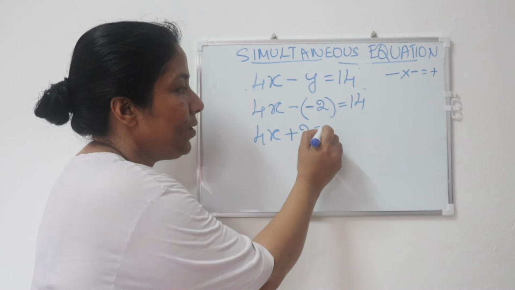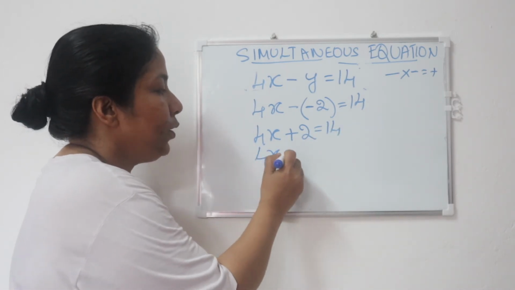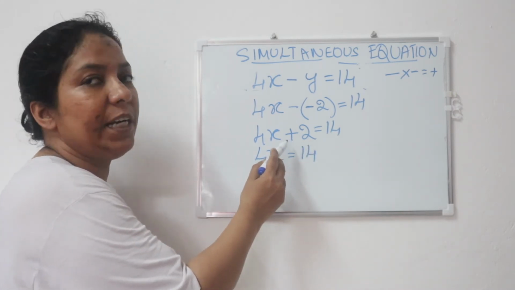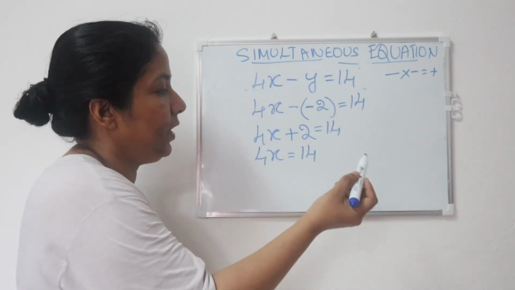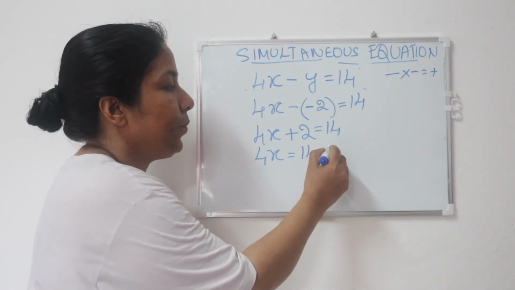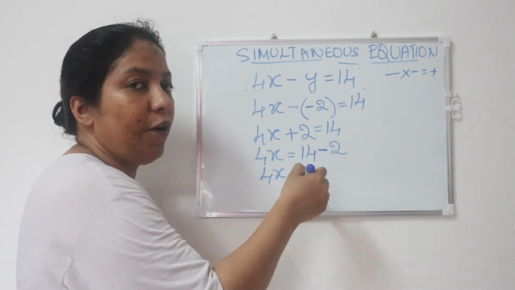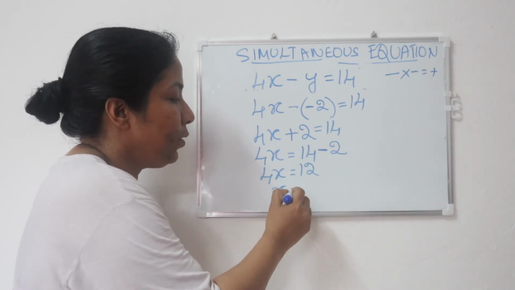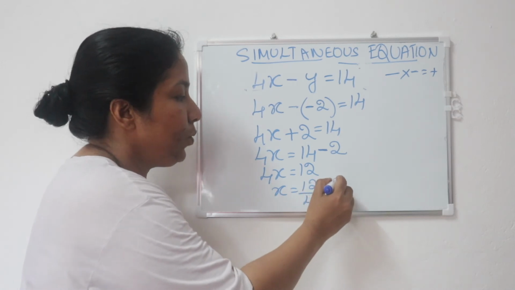Positive 2 equals 14. Therefore 4x equals 14 on the right hand side, and on the left hand side you have plus 2. When you take plus 2 to the other side of the equation, it will become negative. That is 4x equals 14 minus 2, which is 12. Therefore x is equal to 12 over 4, which equals 3.